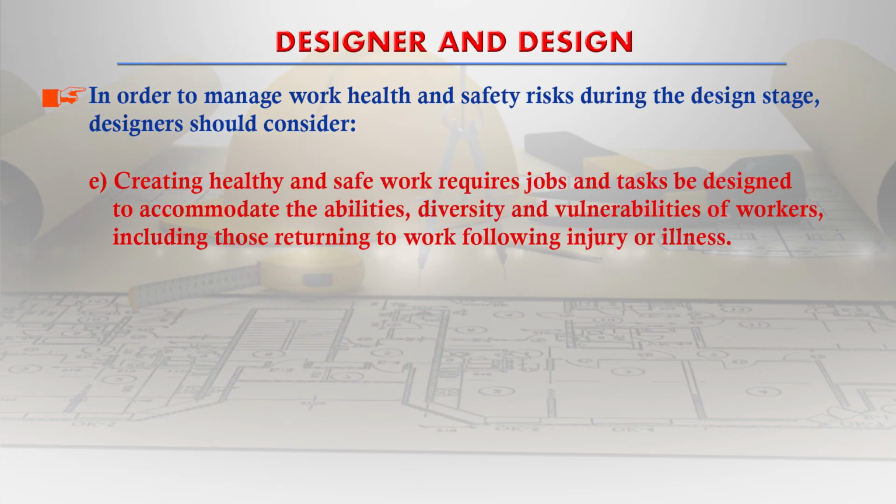Next, E. creating healthy and safe work requires jobs and tasks to be designed to accommodate the ability, diversity and vulnerability of workers, including those returning to work following injury or illness.